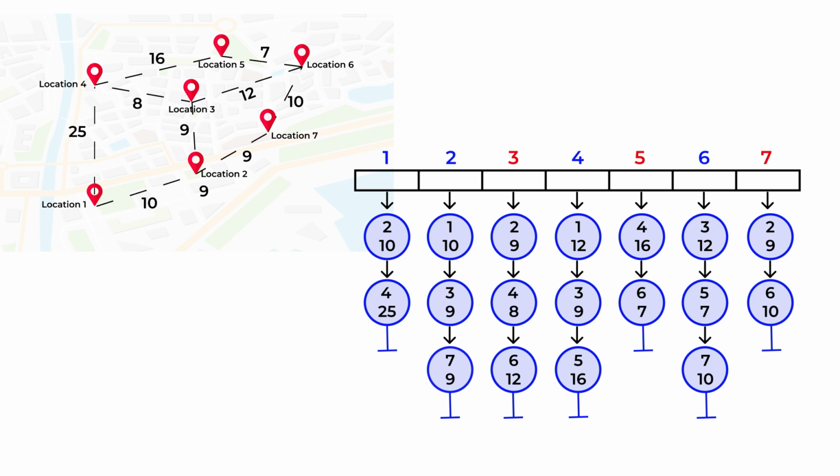Note that locations 3, 5 and 7 are not there in the list of location 1 because there is no road connecting location 1 with these locations. I am sure you can figure out what will be the list for location number 4. The list will contain locations 1, 3 and 5 with respective distances.